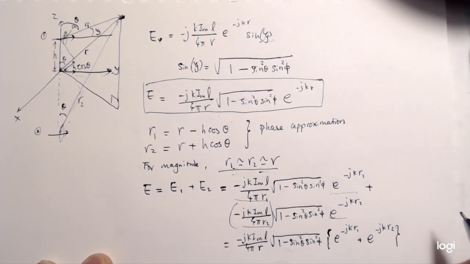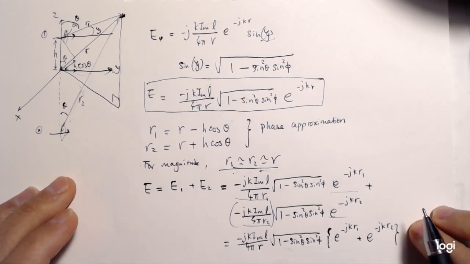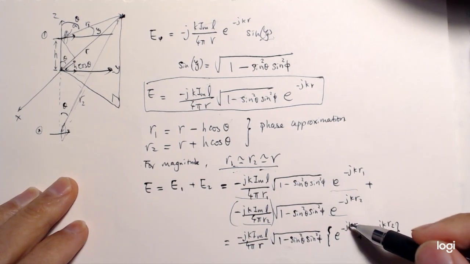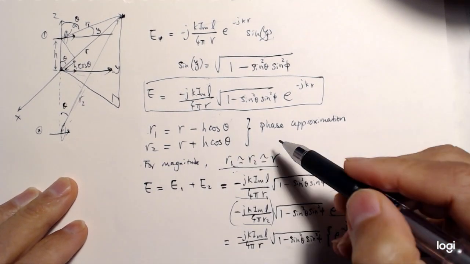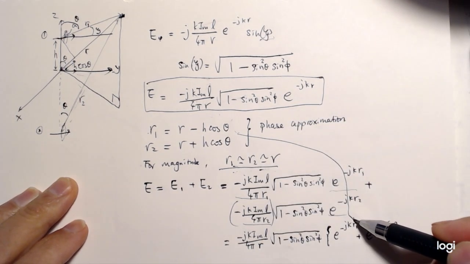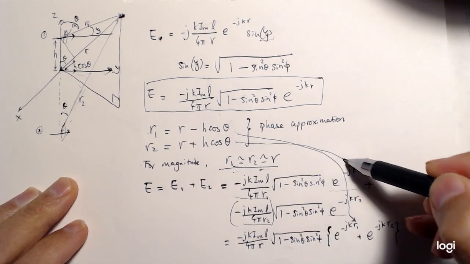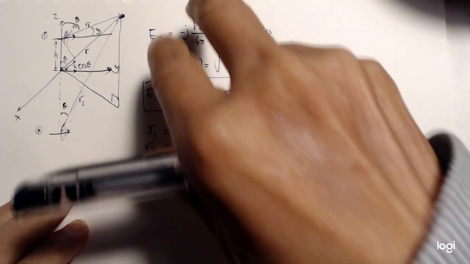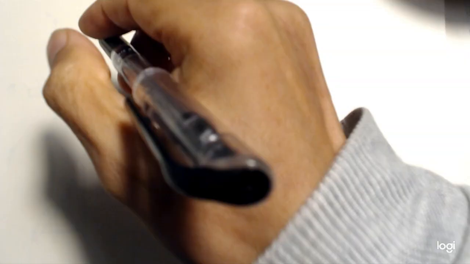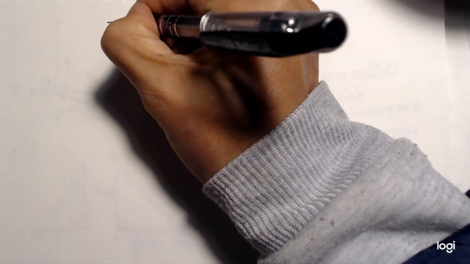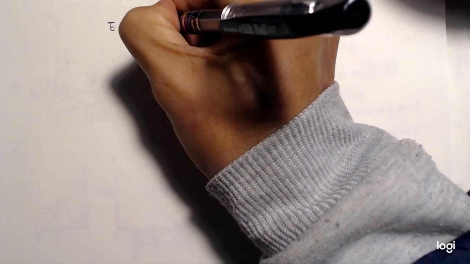Now the next thing that we are going to do is to work this out. What we can do now is to substitute R of 1 into here and R of 2 into here. Okay? So the next thing, E is equal to E of 1 plus E of 2.